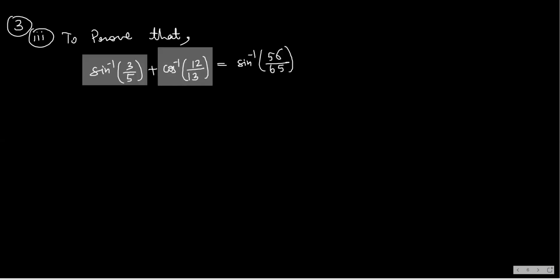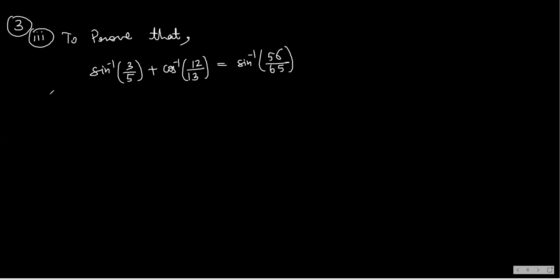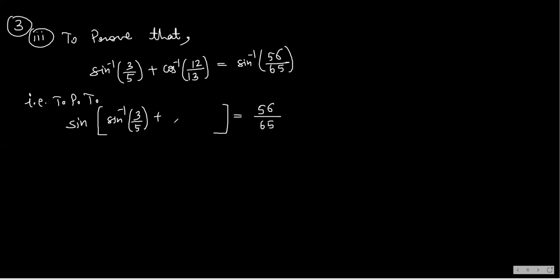See what I will do here. I have to prove this. To prove this, I will write the next step as: to prove that 56 upon 65 is equal to sine of sine inverse 3 by 5 plus cos inverse 12 by 13.